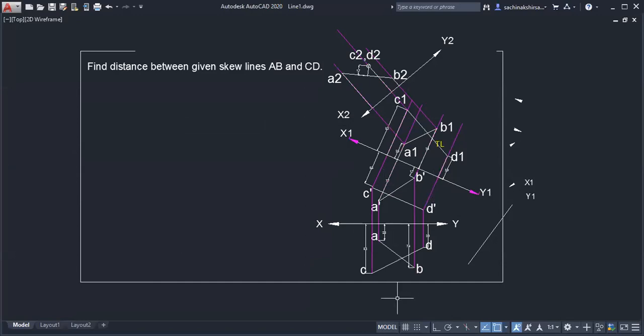One of the answers again 8. Any other? 9, sir. Sawan, what is your answer? 8, sir. Okay, 8. Mahesh Patel, 55.